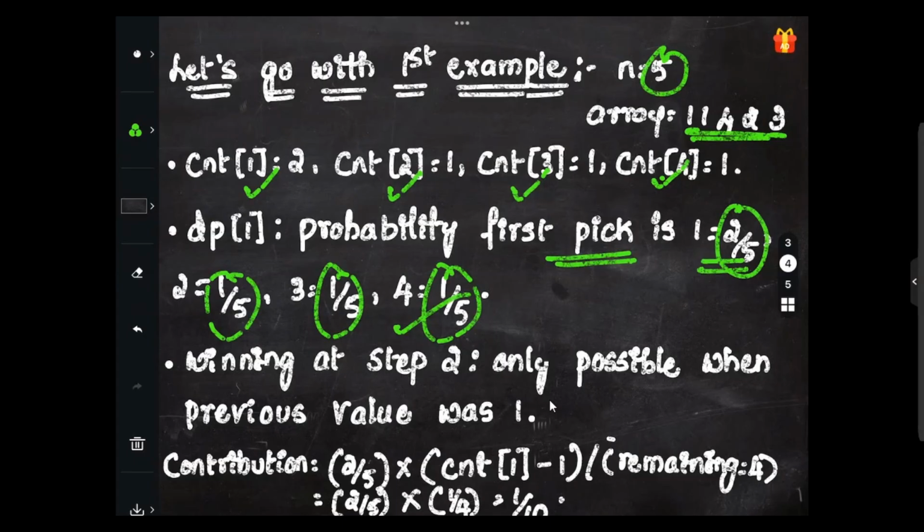Count of 1 is 2, 2 minus 1 is 1, and the remaining is nothing but 4. So 2 by 5 into 1 by 4.